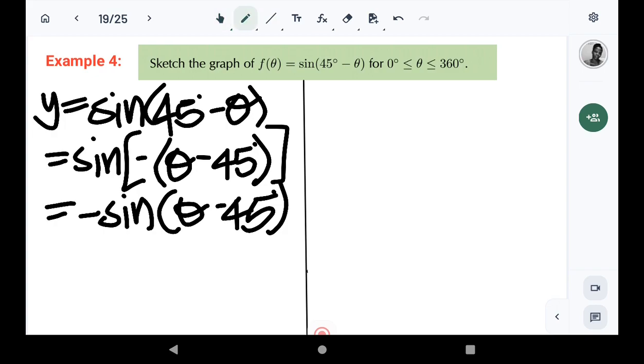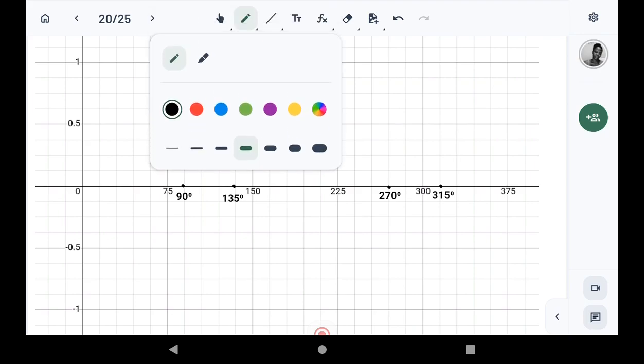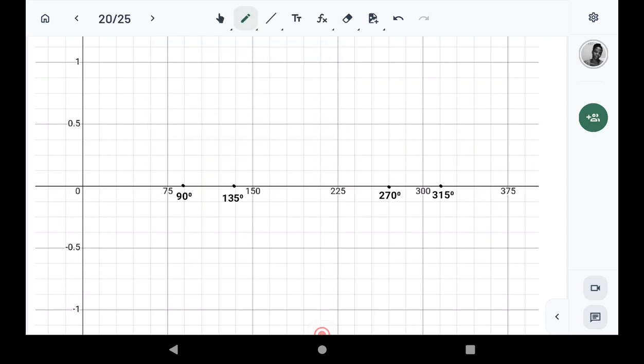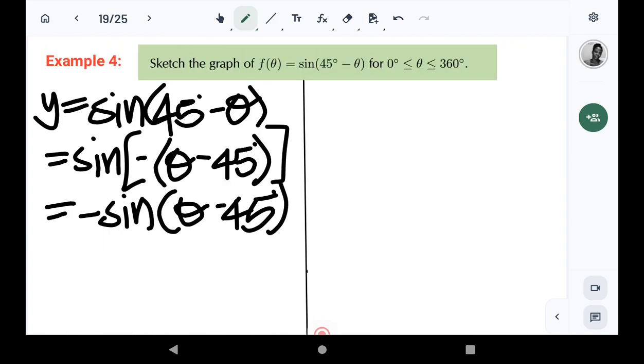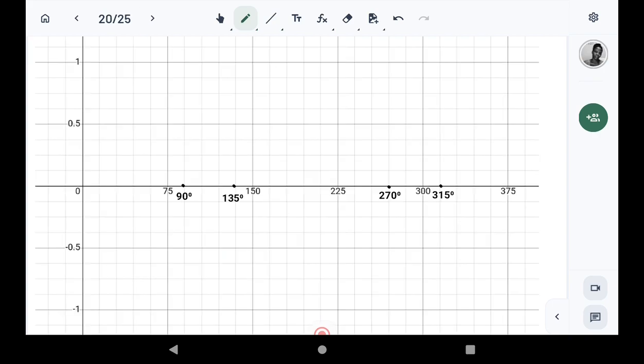Let's first draw the graph of y equals sine theta to get perspective. So we'll start with that, between 0 and 360 degrees. At 0, that's 0. At 90, that's 1. At 180, that is 0. And then at 270, that's negative 1. Then at 360, that is 0 again. Okay, let's just double check. That is 90 degrees, that is 270 degrees, 360 degrees.